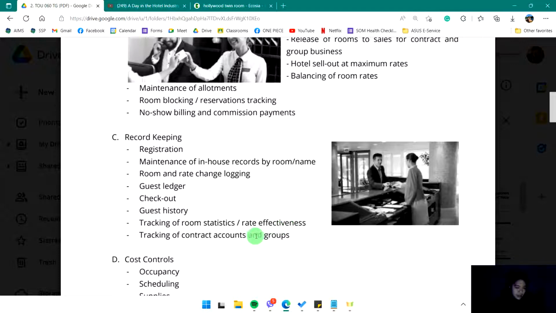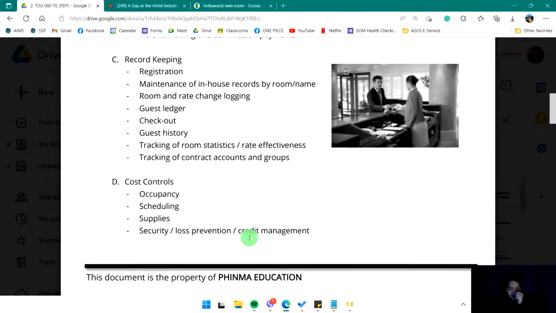And aside from that, cost control, keeping a record for the occupancy rates of your hotel, and keeping an eye on the scheduling, the suppliers that you have, and so on and so forth.